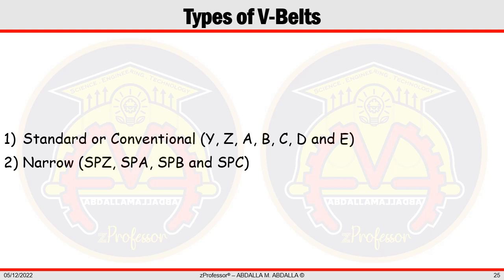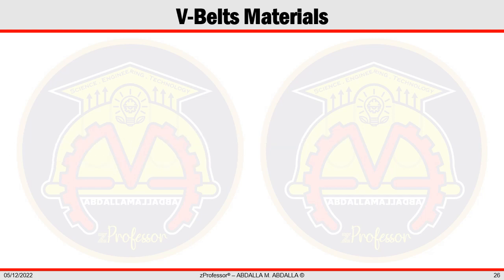Narrow V-belts, which have a smaller cross-section, are labeled SPZ, SPA, SPB, SPC depending on their cross-sectional size. Standard V-belts are identified by an alphabetic letter for kinds Y, Z, A, B, C, D, and E. Each size is appropriate for a specific power range. Standard V-belts may be made into many configurations.